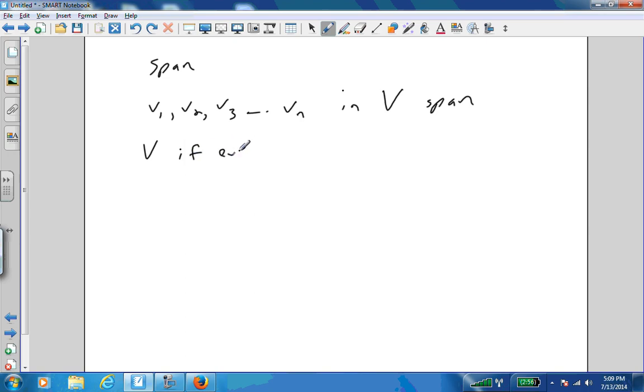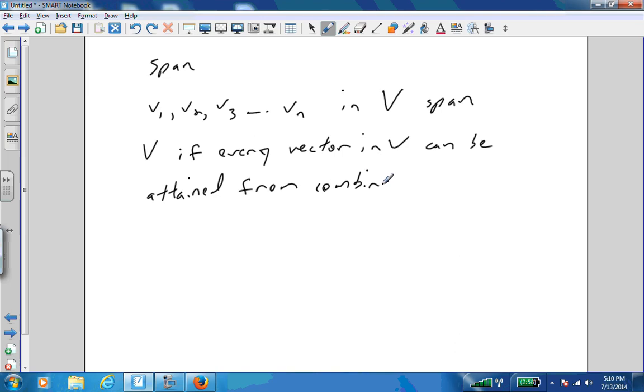if every vector in V can be attained, well they say can be written, I'll say can be attained from a linear combination of these vectors.